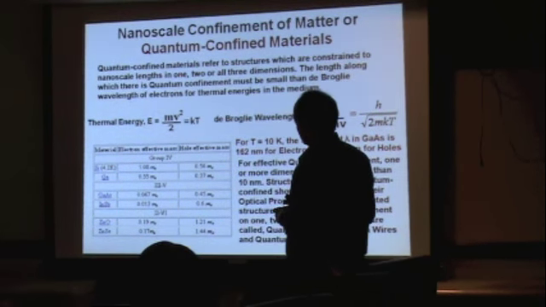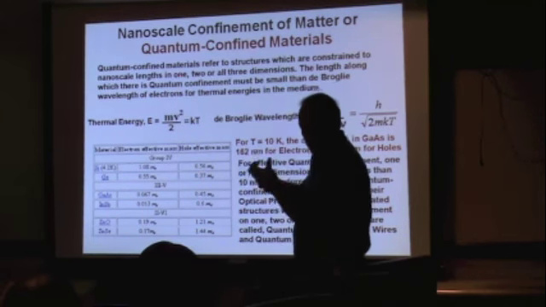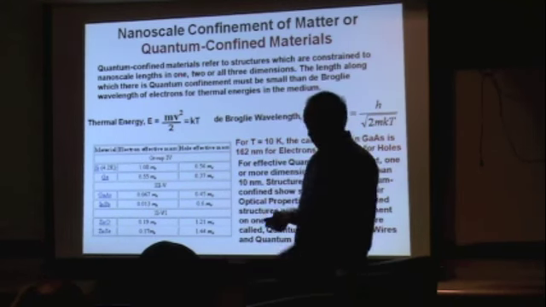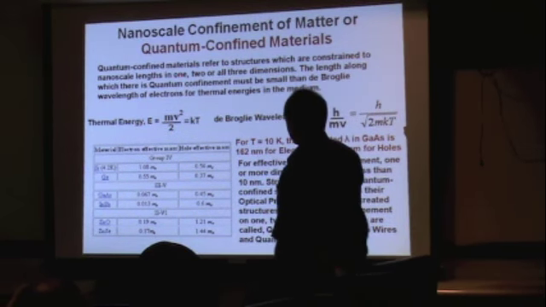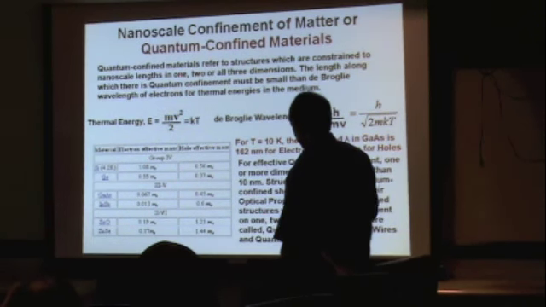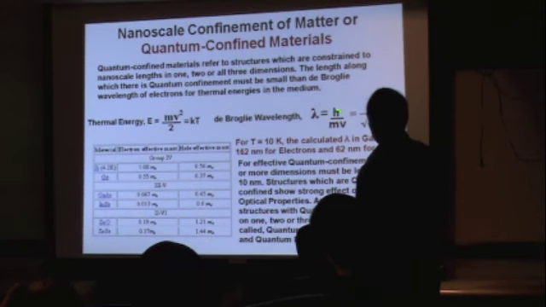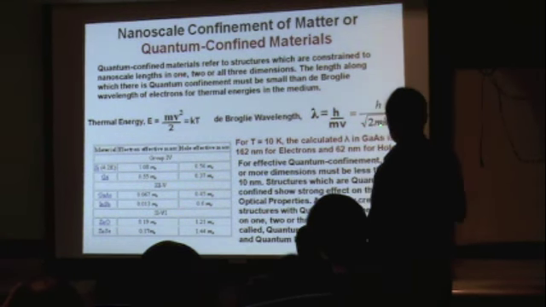As temperature increases, electrons start moving more and more; as temperature decreases, electrons slow down. That's the reason why the kinetic energy of the electrons is proportional to the temperature. And from this, you can easily figure out the wavelength is h over mv. It turns out to be this.